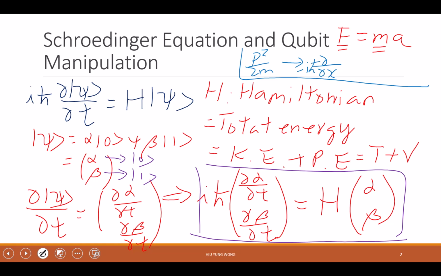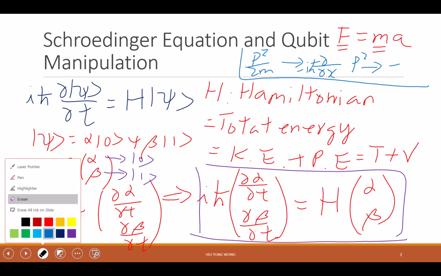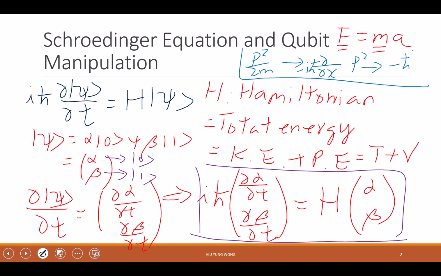If I'm correct, then p squared will become negative h bar squared, right? And then the second derivative of this divided by 2m.